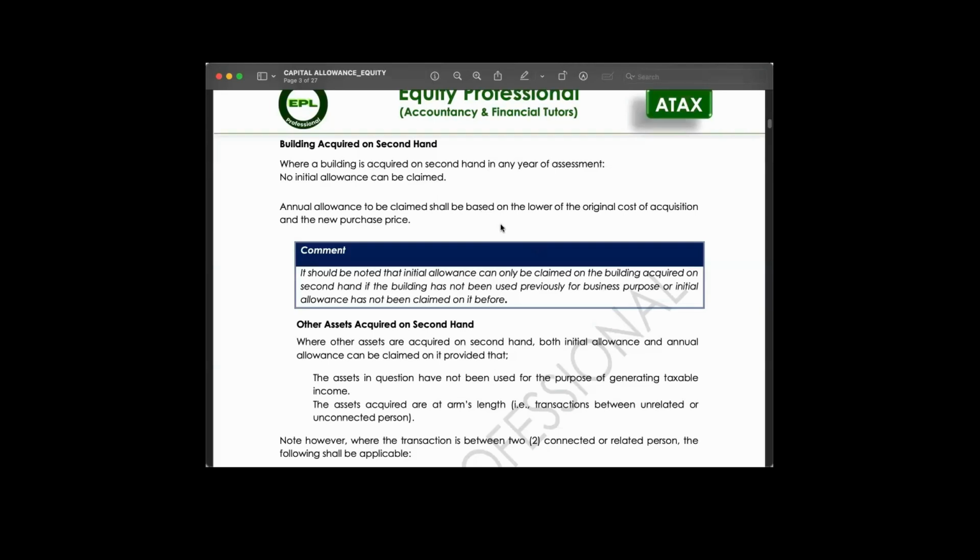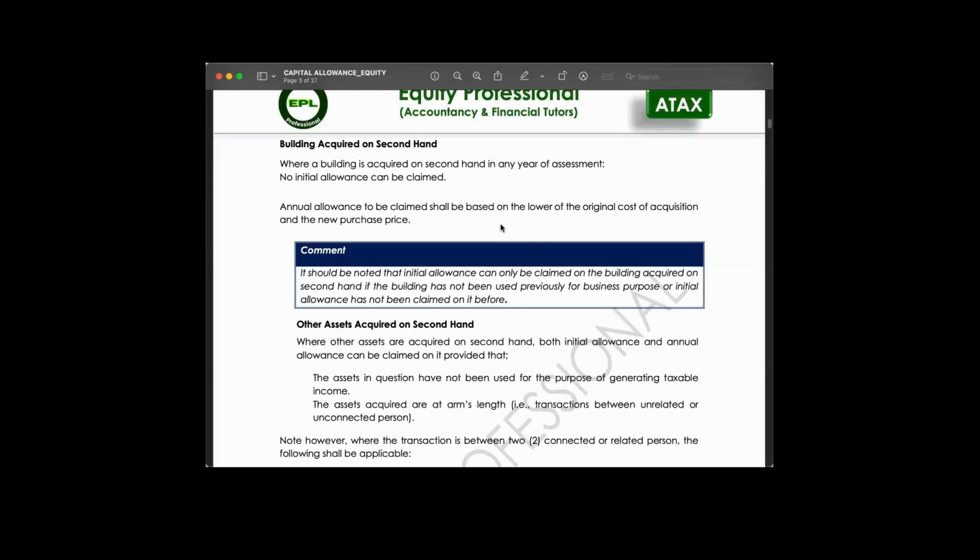So another question that will come to your mind is, what if this asset that we are talking about has never been used for the purpose of business? You remember, one of the conditions for granting capital allowance is that the assets must be used for the purpose of business and for generating taxable income.